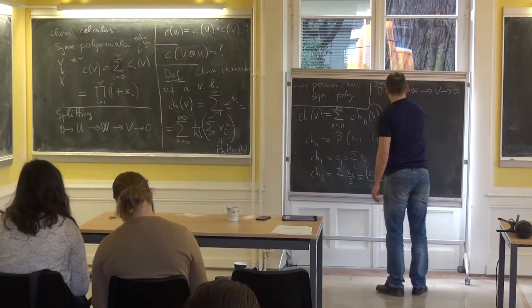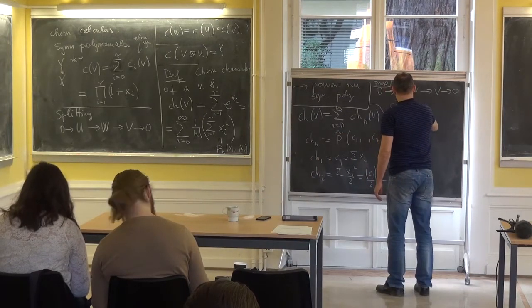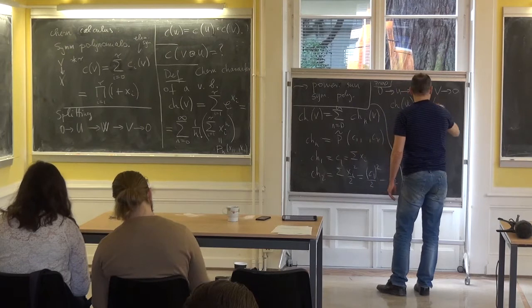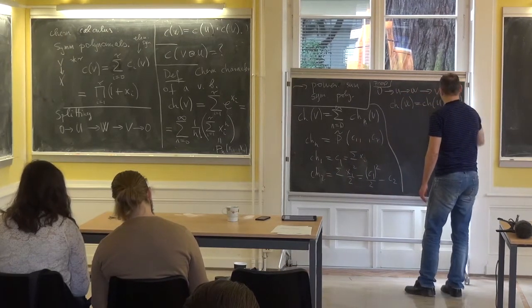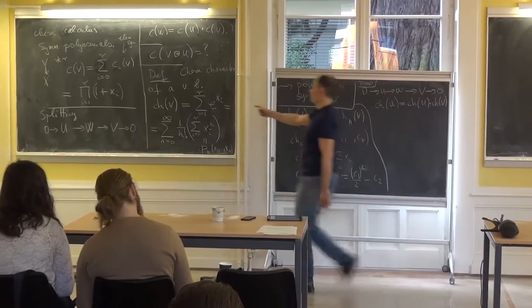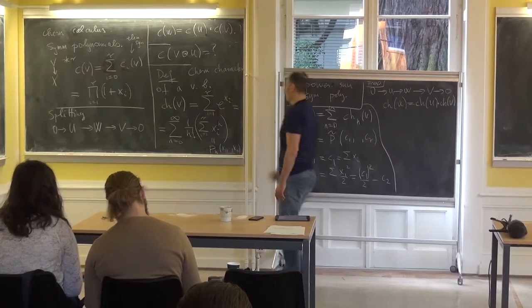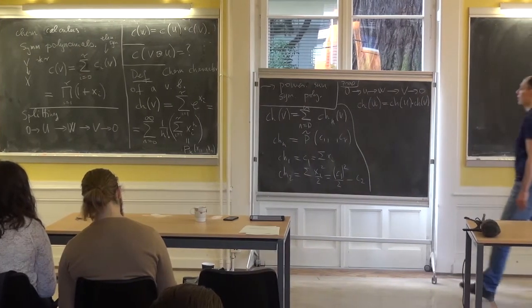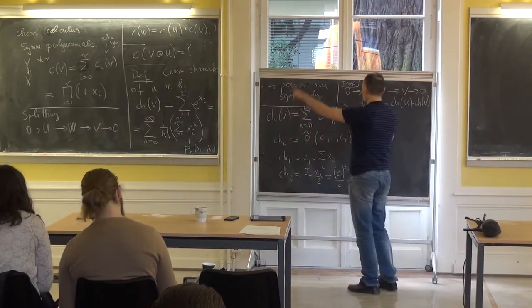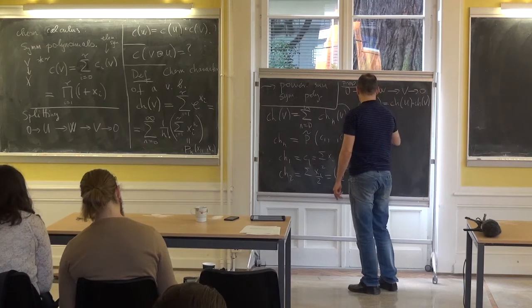I mean, here you just have that, and this is obvious, right? Because this is just a sum of these things, and when you take the products, this is what you get. So this follows from the splitting principle very easily. But what is wonderful is that now the second question also has an answer.